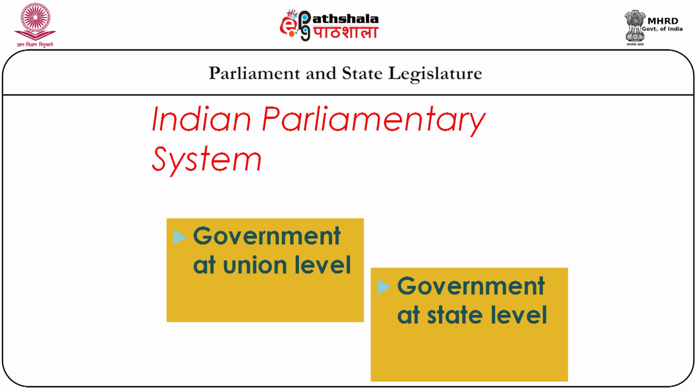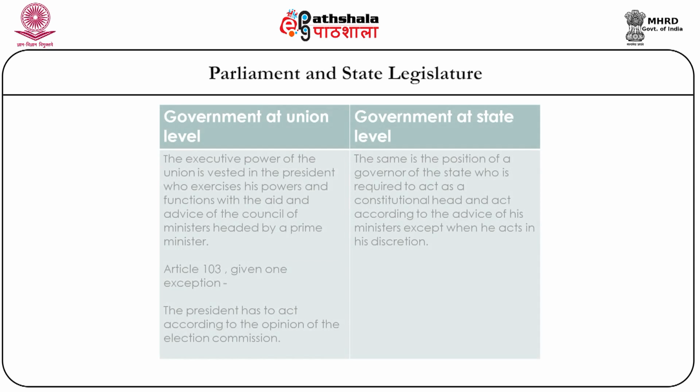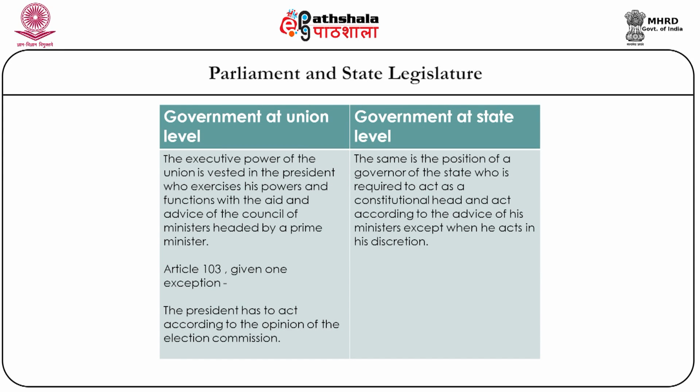Now the question again, who is the executive head of the union and what are the functions of that executive head? The answer to this question is the executive power of the union is vested in the president, and he exercises his powers and functions with the aid and advice of the Council of Ministers. And you know, these Council of Ministers are headed by the Prime Minister.